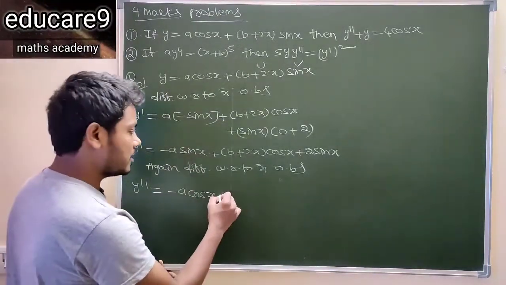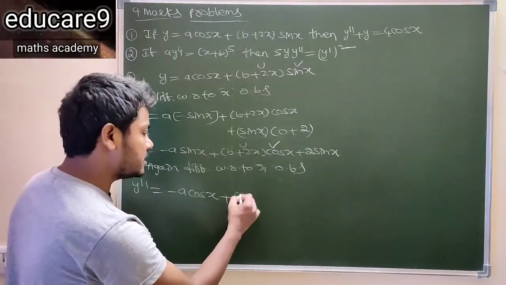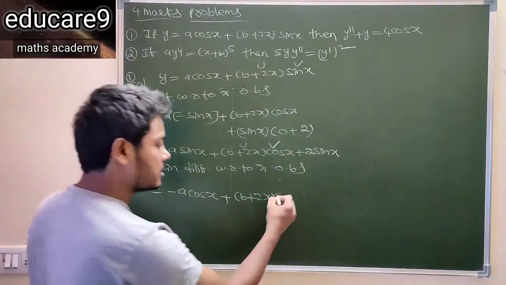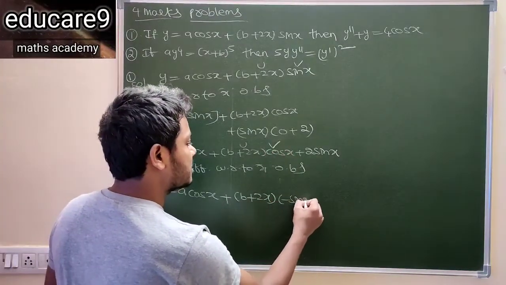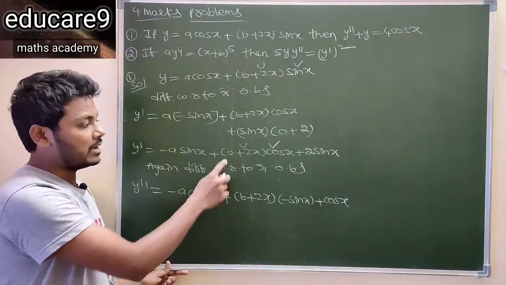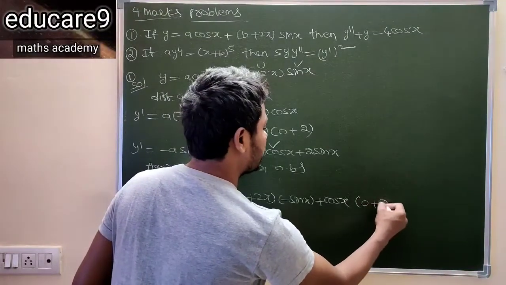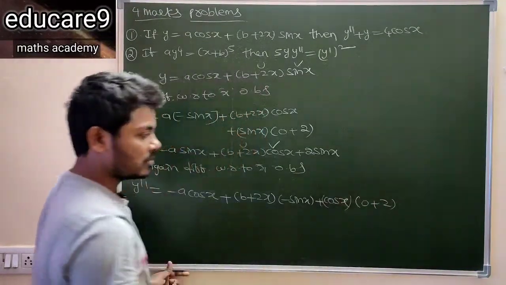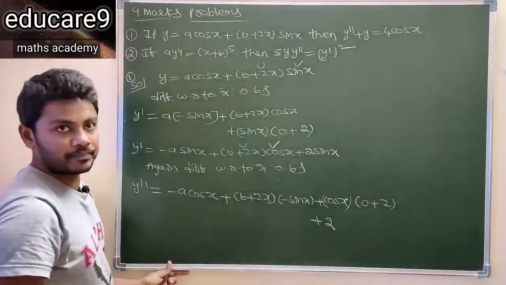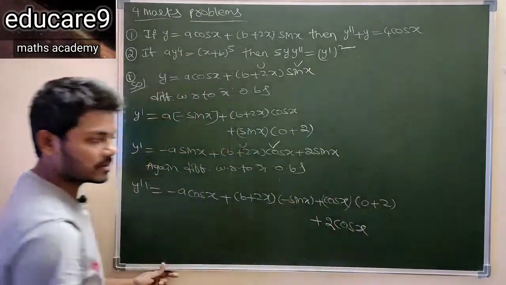Next again uv form, that is b plus 2x into the derivative of cos x, minus sin x, plus cos x into the derivative of b plus 2x, the derivative of b is 0, the derivative of 2x is 2, okay, plus 2 into the derivative of sin x, cos x.